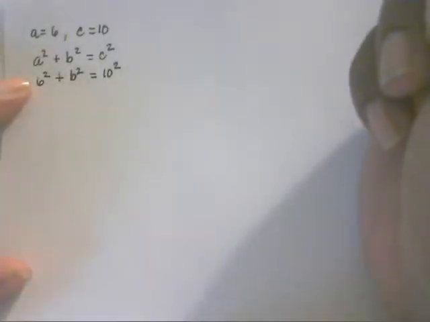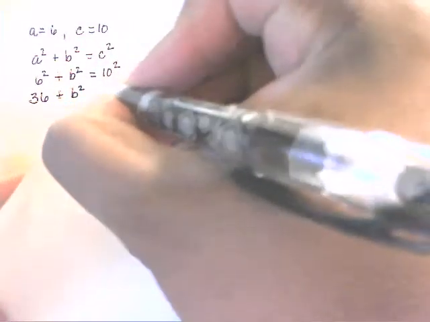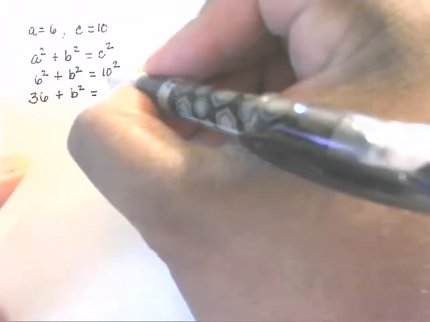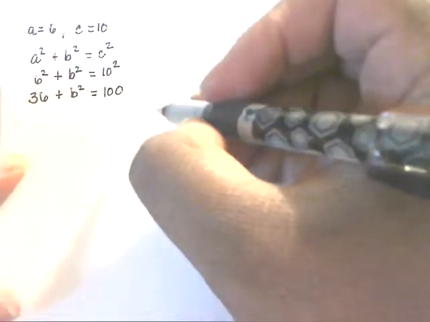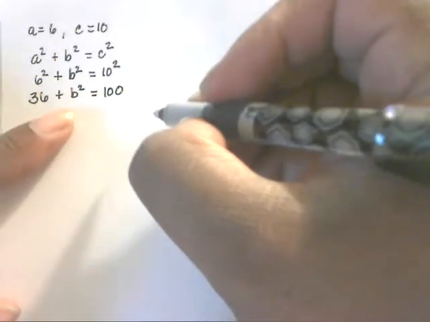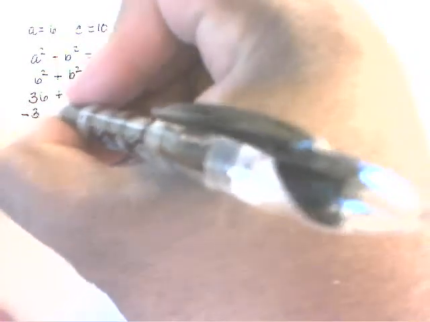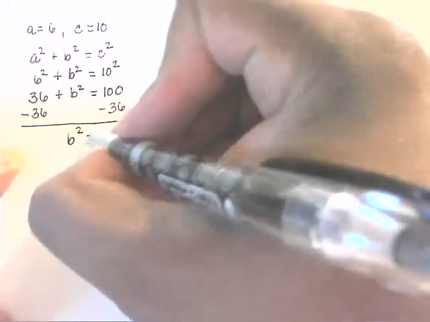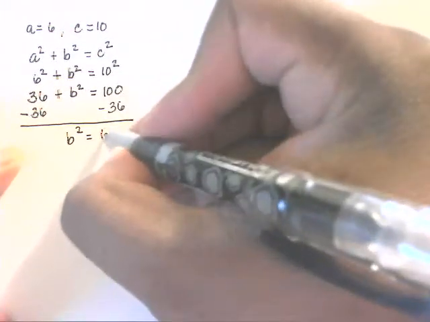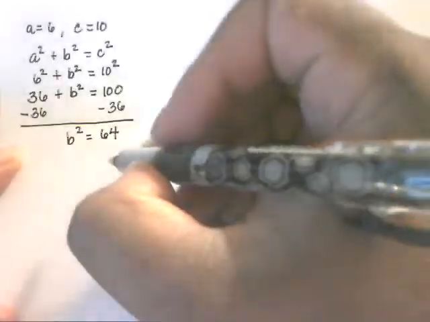Now square the 6, that's 6 times 6, that's 36, plus B squared equals C, or 10 squared, 10 times 10, that's 100. Now to get B squared by itself, I'm adding 36, so I'm going to subtract 36 from both sides. So now B squared is equal to 100 minus 36, that's 64.